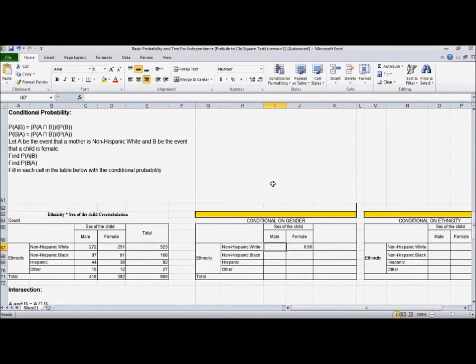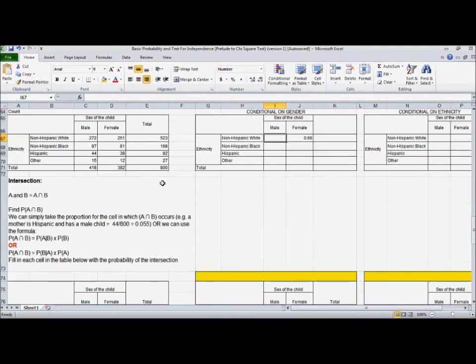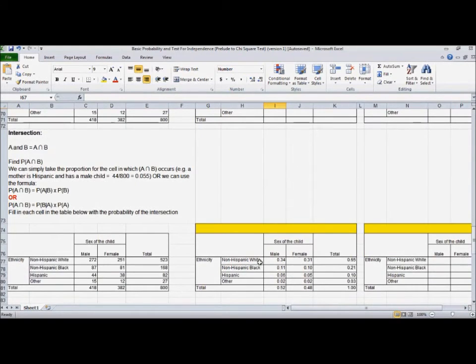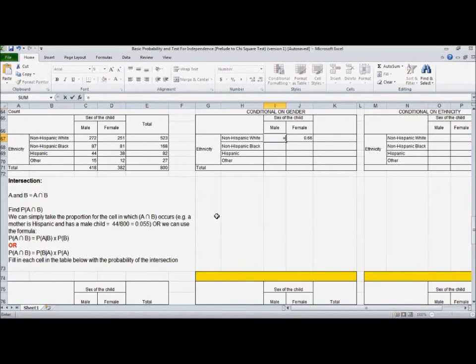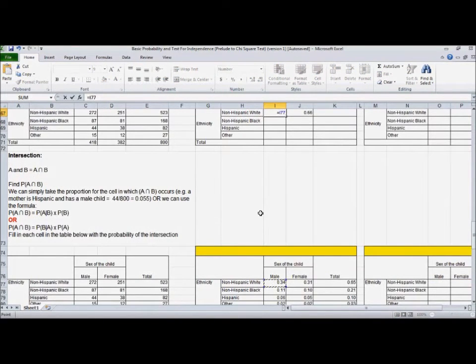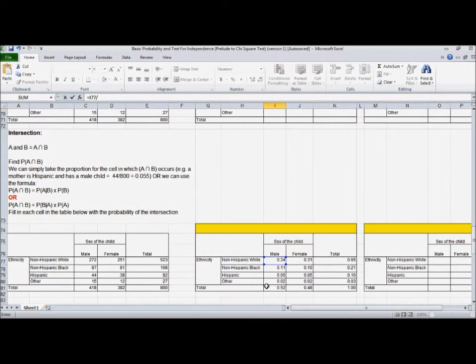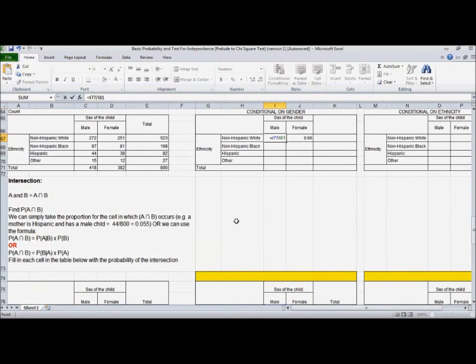Now we can try that again. Let's say we were interested in the probability of A, non-Hispanic white, given B, male. So we would do A and B divided by the probability of male. That is the intersection A and B, equals the probability of A and B divided by the probability of male. Right? 0.65.